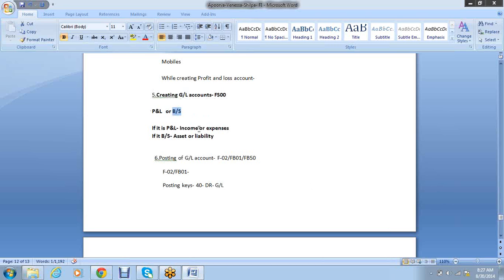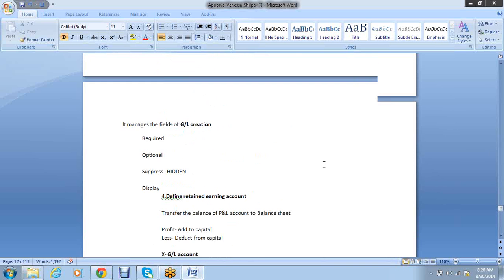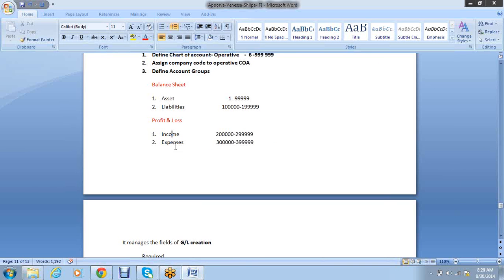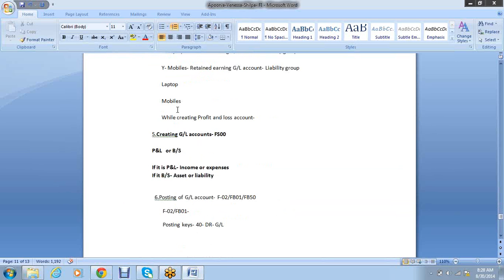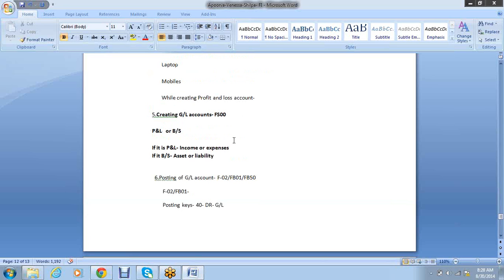Then it will ask which group, because we have created two groups for profit and loss account, two groups for balance sheet. So it will ask which group: if it's a P&L, whether income or expenses; if it's a balance sheet, asset or liability. There are other very important, very crucial fields also. I'll explain in the next session. I have not explained them yet while creating the GL account.